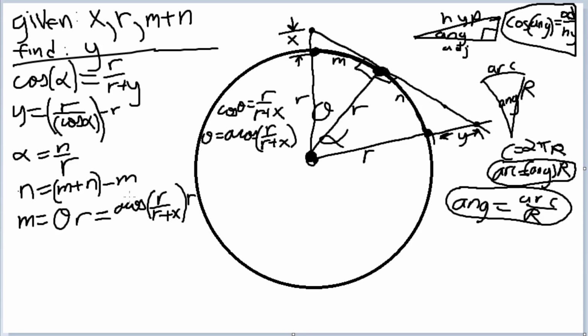Right, because all we did, we just substituted for theta there. So that implies n equals m plus n minus a cos of r over r plus x, times r.